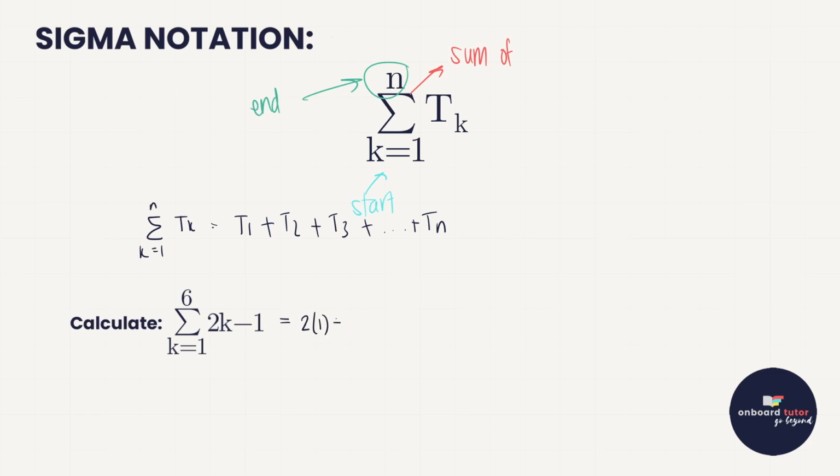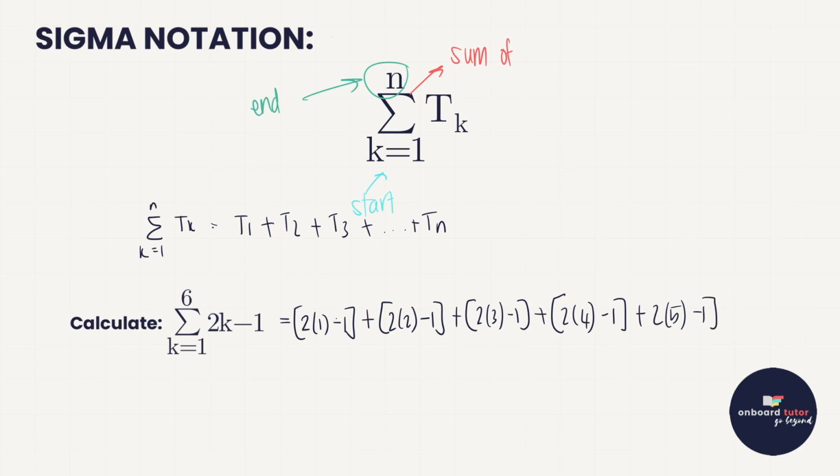So 2 times 1 minus 1, that's our first term, plus 2 times 2 minus 1, that's our second term, 2 times 3 minus 1, 2 times 4 minus 1, 2 times 5 minus 1, and finally 2 times 6 minus 1, because the value on top of the sigma notation is 6. That would be my last term.